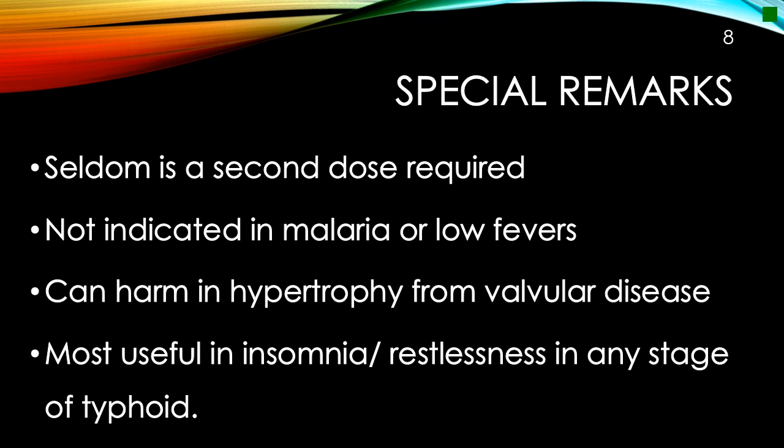In the previous slide, we have seen restlessness remedies. So once again, Aconite is most useful in insomnia or restlessness in any stage of typhoid. Any stage, not just the beginning, but any stage. This is quite an exception because otherwise we normally use Aconite only in the initial stages. Here it says insomnia or restlessness in any stage of typhoid.